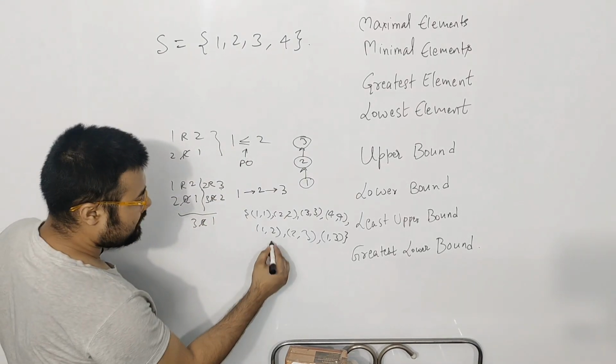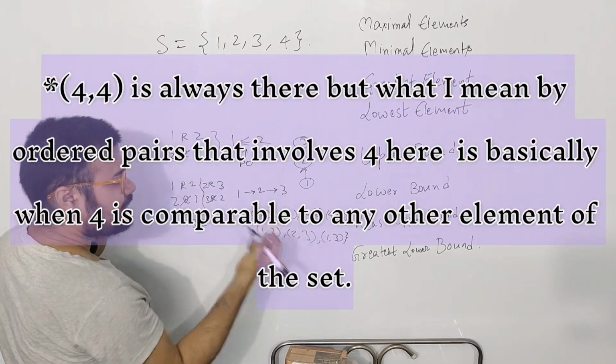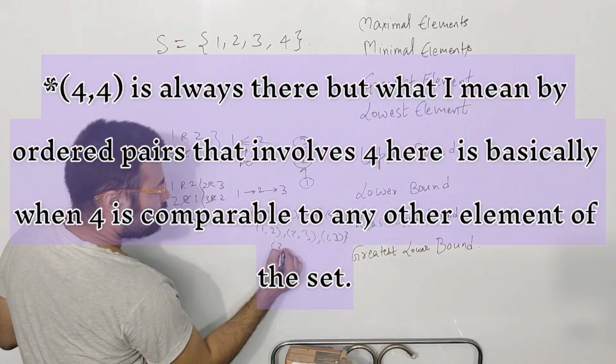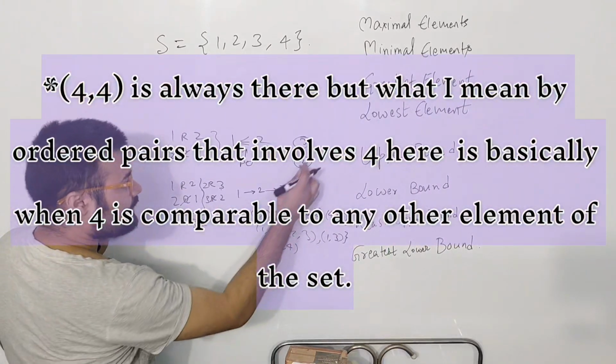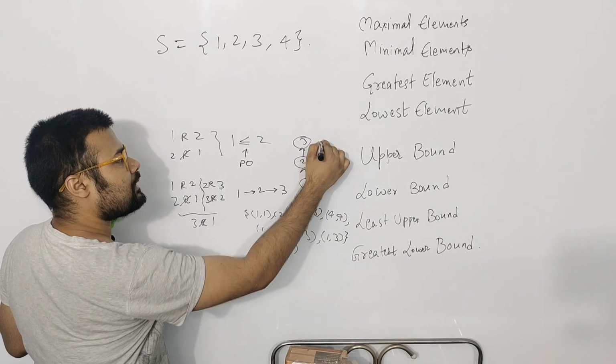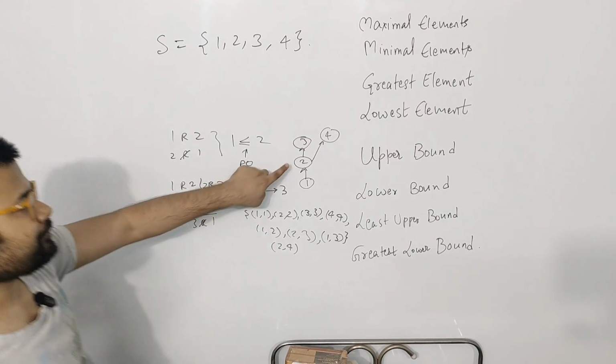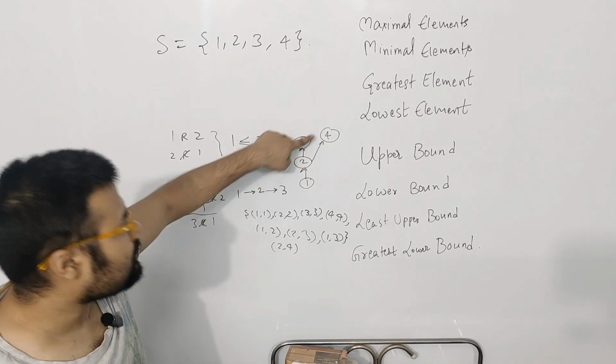But if I somehow add another ordered pair that involves 4, let's say (2, 4). If 2 is related to 4, then this is your Hasse diagram when 2 is related to 4.